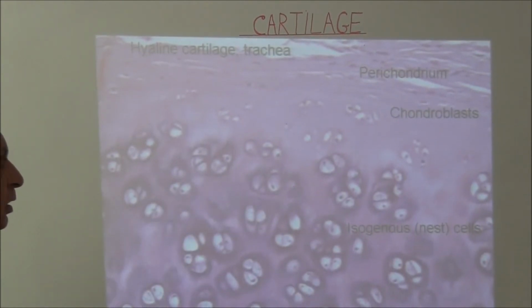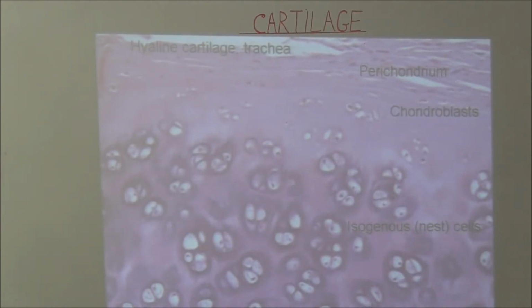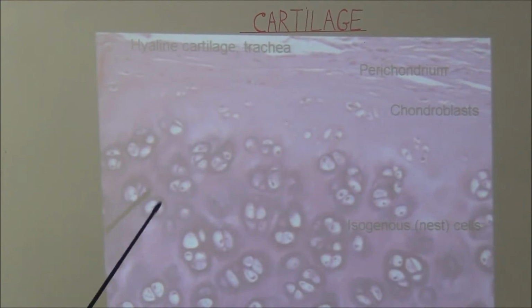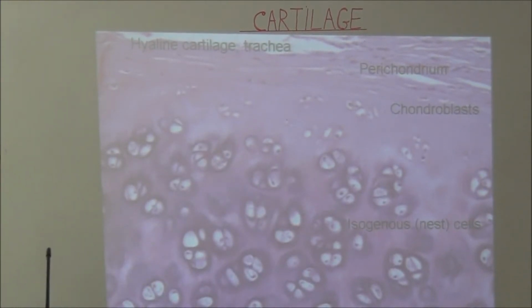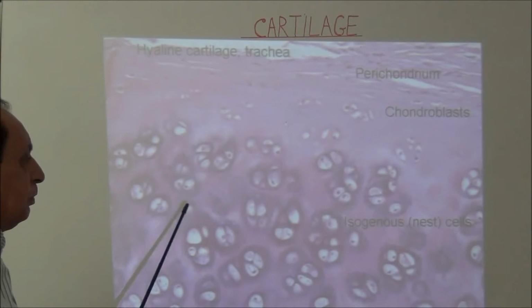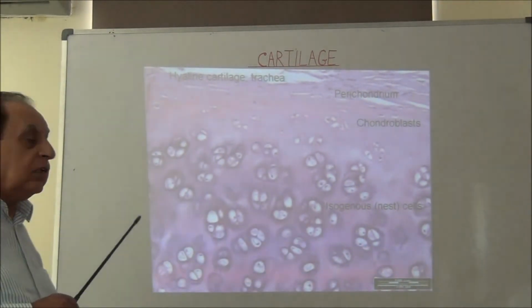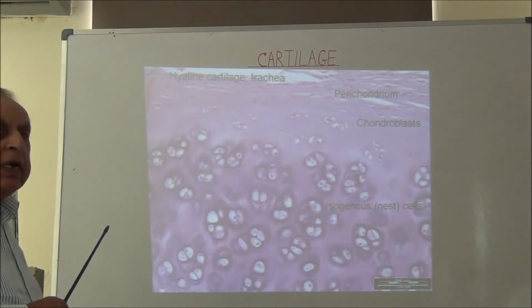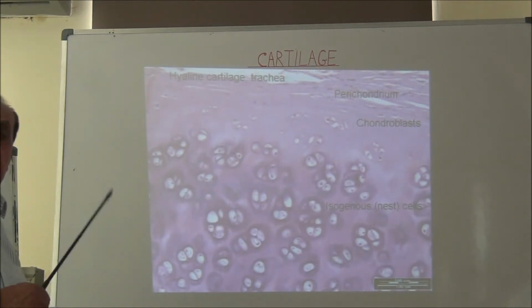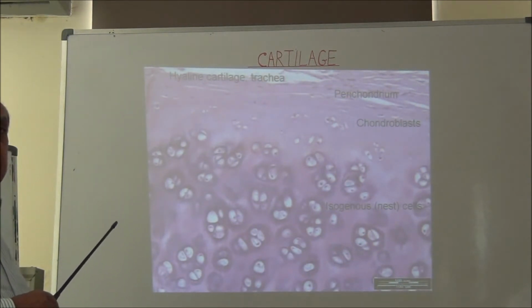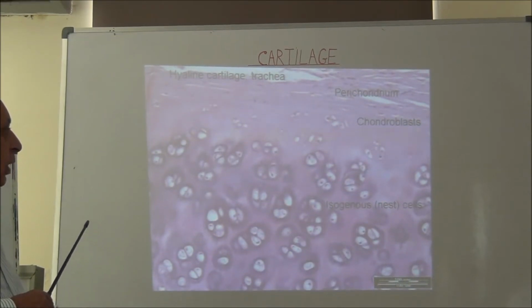Then after that come the fibers. Now the matrix or the ground substance contains mainly the fibers, fine collagen fibers. They are not visible in ordinary light microscopes.